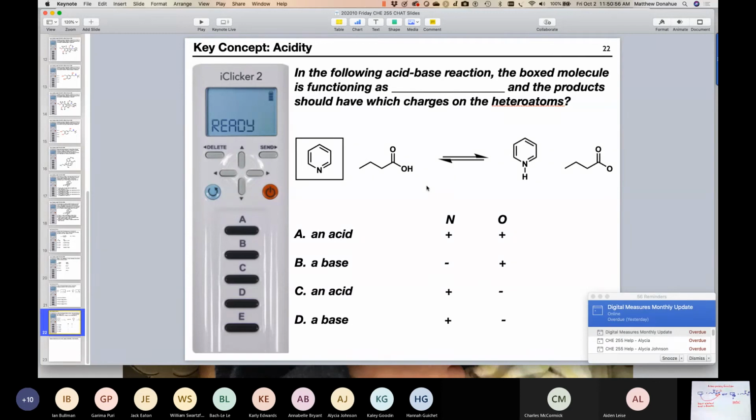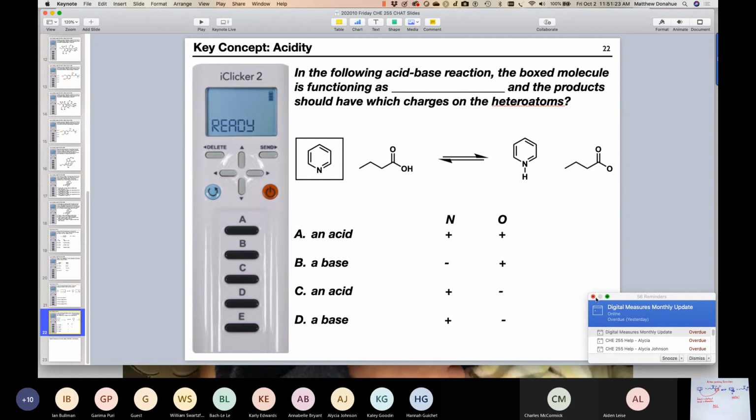So I want to do some problems from the workbook just to follow up on this arrow pushing, because this formalism is how you need to think about how not only acid-base reactions happen, but all reactions in this class.